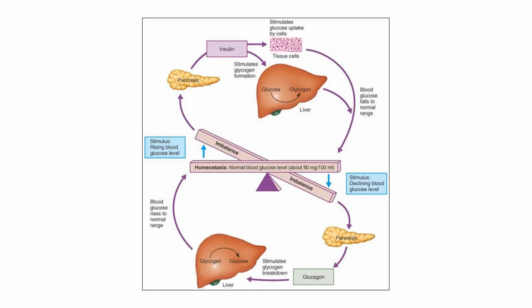I like this slide because it's a nice review of what functions in the body in a non-disease state, i.e. someone that does not have diabetes. So after we eat a meal, blood glucose levels rise from the content of the meal. This increase in serum glucose triggers the pancreas to release insulin.